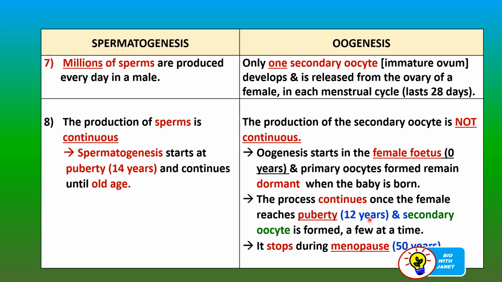Then the process continues, okay, and the primary oocytes become active again. So they will undergo meiosis 1 to form the secondary oocyte. And this is only a few at a time. So oogenesis will stop during menopause, that means from 50 years onwards, around 50 years.